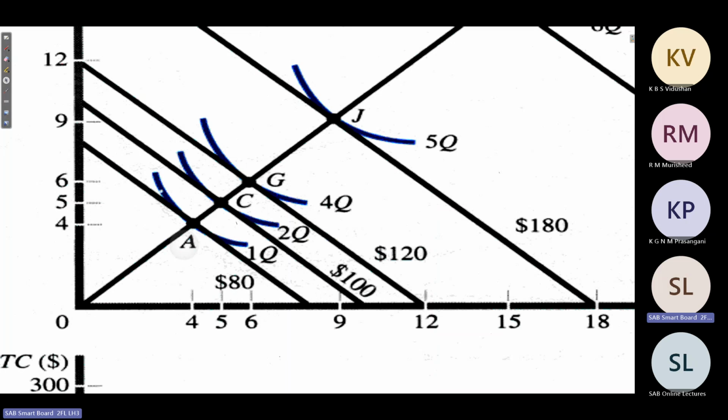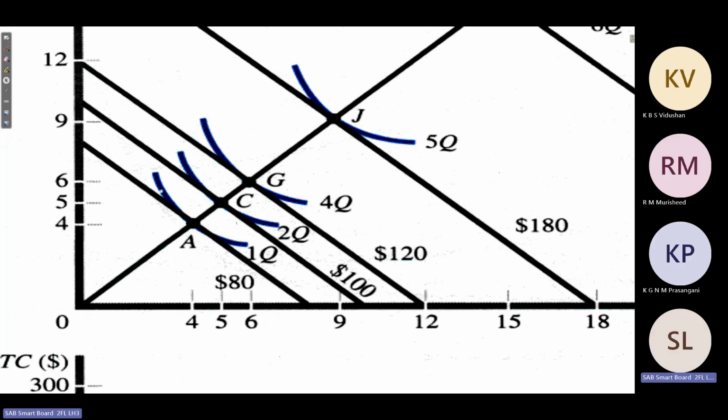When we are moving to higher isoquants, they represent higher output levels. When we are moving away from the origin, the higher isoquants show higher output levels.